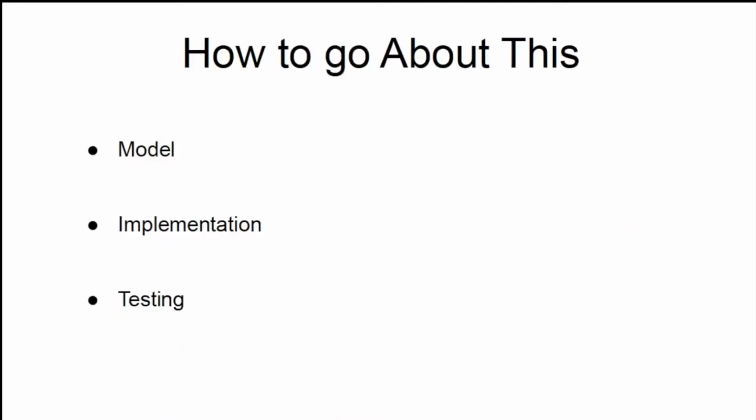So how I'm going to go about this: I'm going to present the model, I'm going to present how I'm implementing that model, and then I'm going to present some curious things that I have been able to do with this approach.